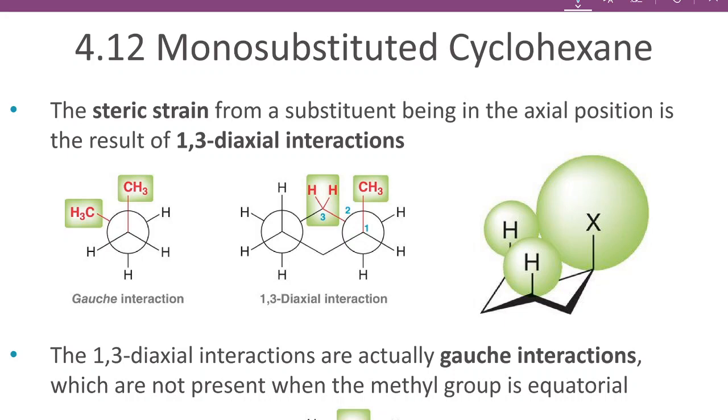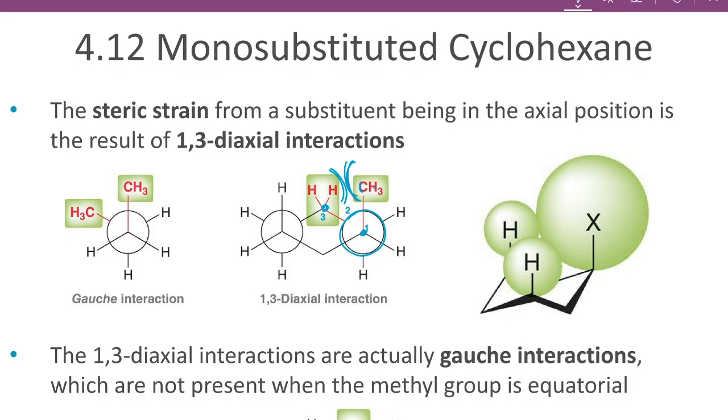Even with just hydrogens, we can have some diaxial interactions. These are called 1,3 diaxial interactions because at the first carbon in the front here, we have a methyl group, and then the second carbon is the one on the circle of the Newman projection. Then the third carbon has these two hydrogens, so they're going to interfere with that methyl group.